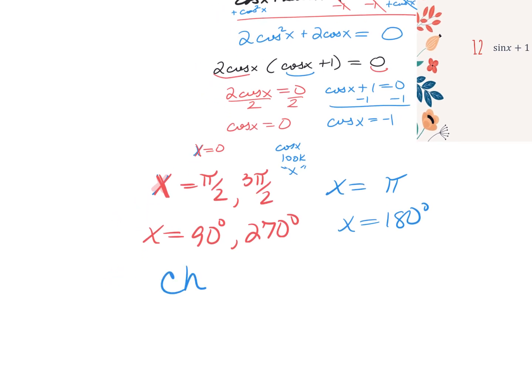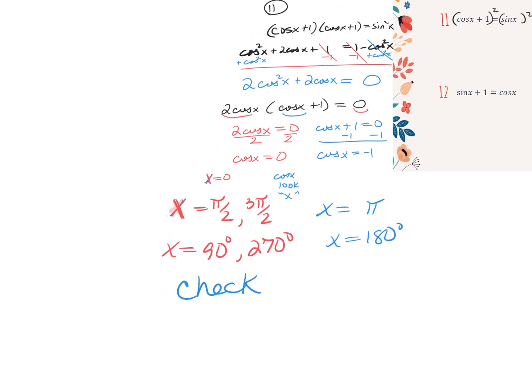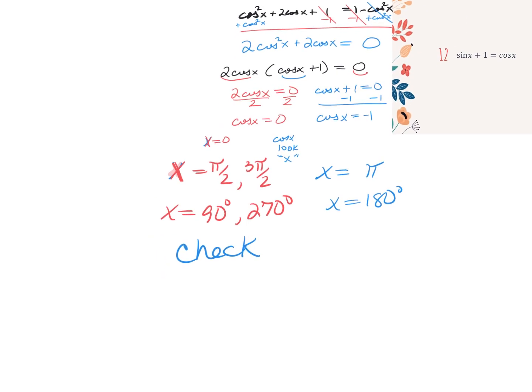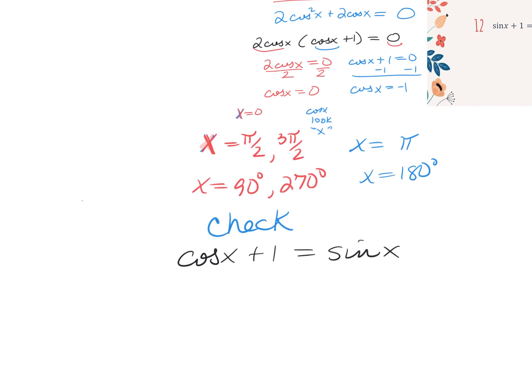So for the check, I have to take my original equation. My original equation was cosine x plus 1 equals sine x. I'm going to first check the pi over 2, or the 90. So this is the check for the pi over 2, or the 90.